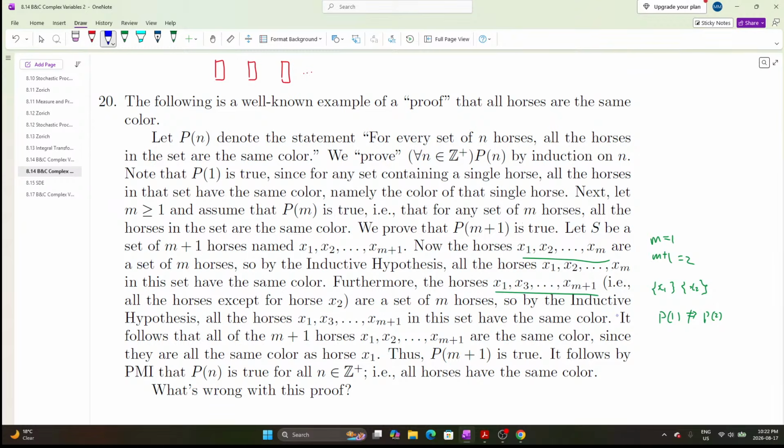So for P2, you have two subsets of elements, two subsets that are singletons. Of course, the base case applies to each one of them, but you can't combine them into a bigger set and say x1 has the same color as x2. So P of 1 cannot go to P of 2, and therefore the whole induction proof falls apart.